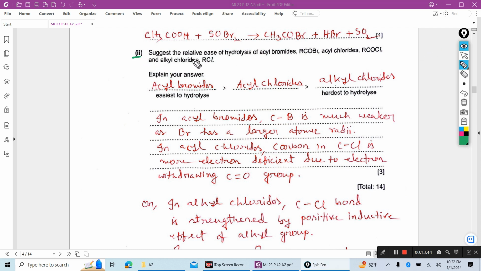Number 2, suggest the relative ease of hydrolysis of acyl bromide, acyl chloride and alkyl chloride. So ease of hydrolysis means reaction with aqueous sodium hydroxide.